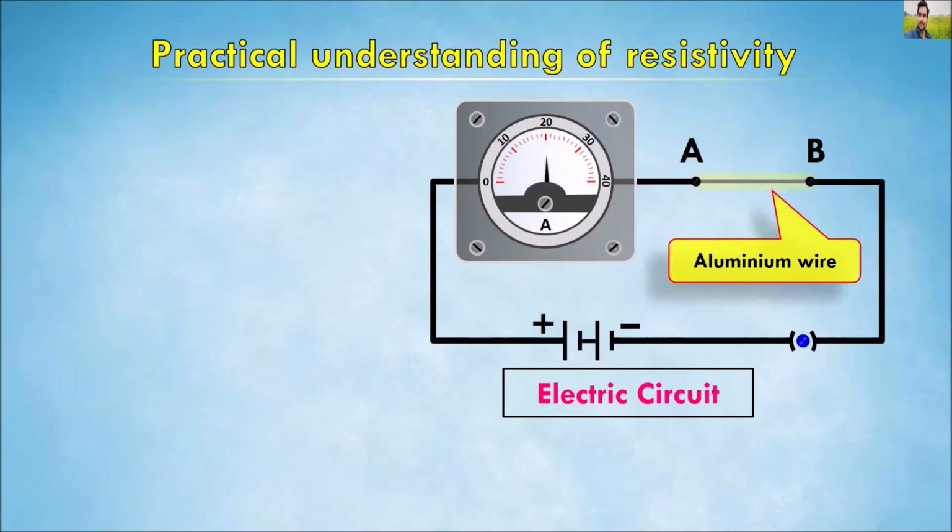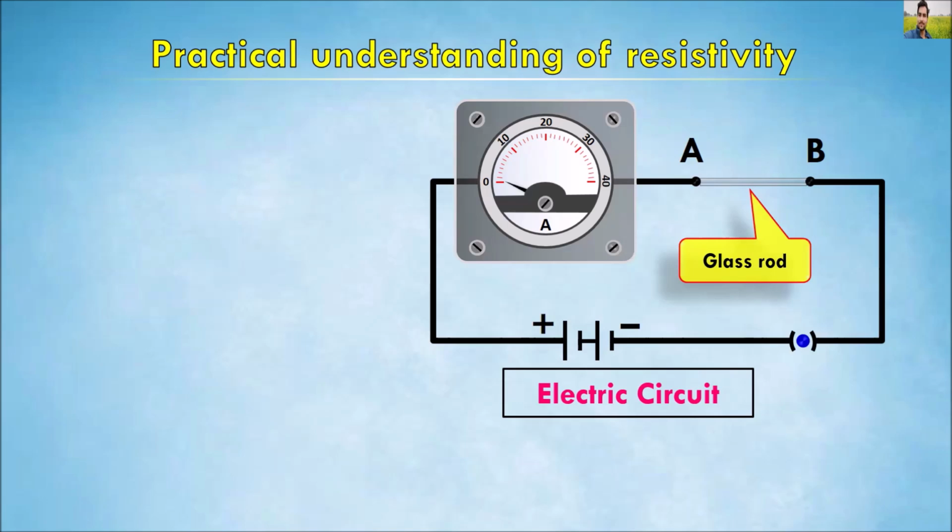The battery that we are using is the same, only the material of the wire differs. And this time current decreases. Now, if we use a glass rod, as you can see, we are not getting any current because a glass rod is an insulator.